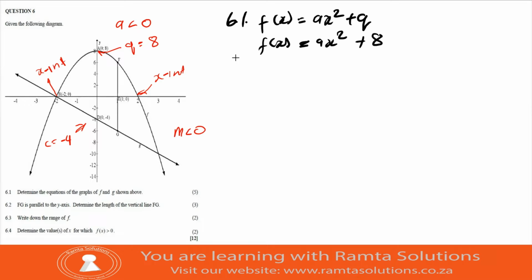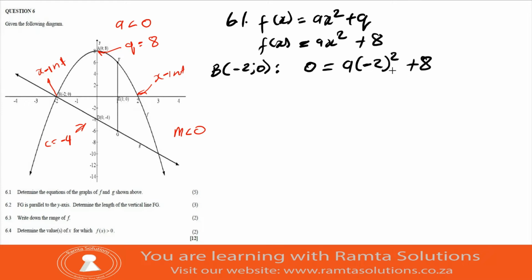There's a point that this graph passes through, which is point B, which has coordinates (-2; 0). Now, what does it mean? It means on this equation, where there's x, we will put -2, where there's y, we will put 0. Remember, y or f of x. So we will say 0 equals a into (-2) squared plus 8.